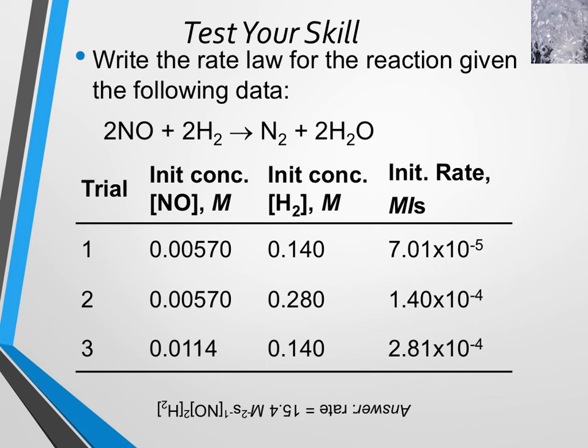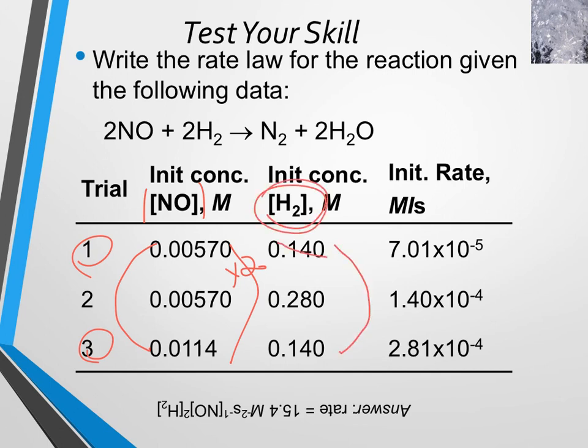That's the tricky part. So looking at the nitrogen oxide, I can see that if I look at experiments 1 and 3, I have doubled the concentration of nitrogen monoxide, and the concentration of hydrogen gas has stayed constant in 1 and 3, which is good, so it's not confusing.